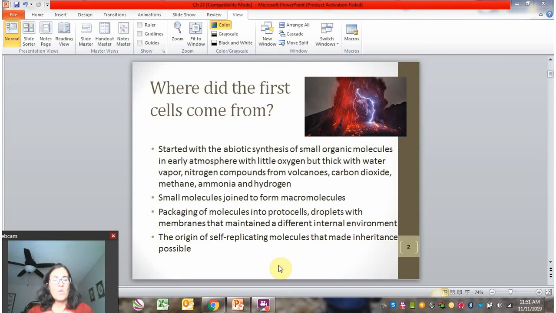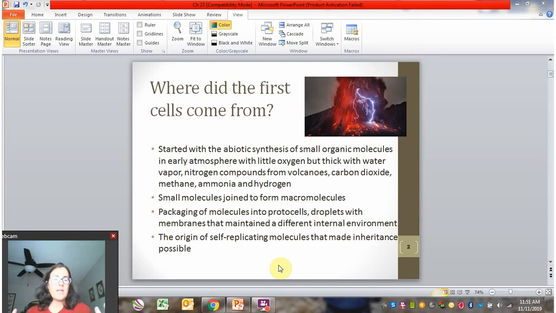And so once you had this surrounding, that created the opportunity for there to be a difference between the inside and the outside. And once you have those differences, then evolution can really take off from that point. And then kind of an extra piece onto that was that these self-replicating molecules formed.